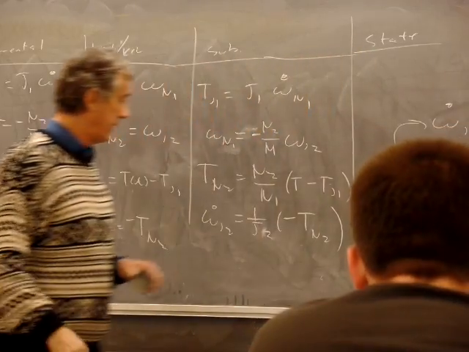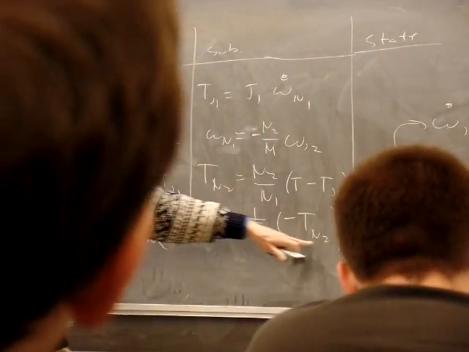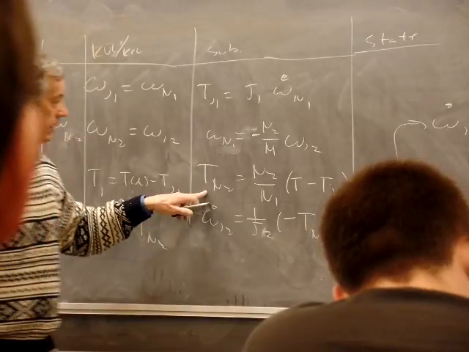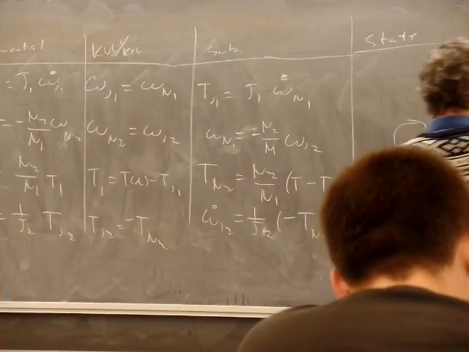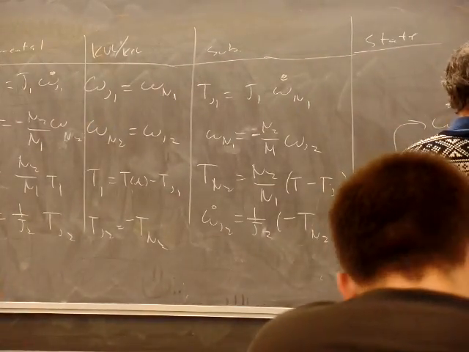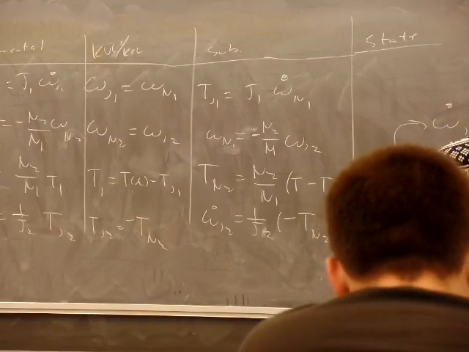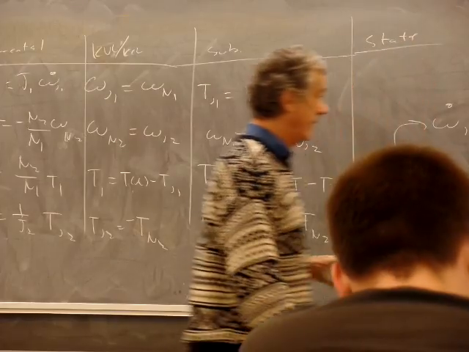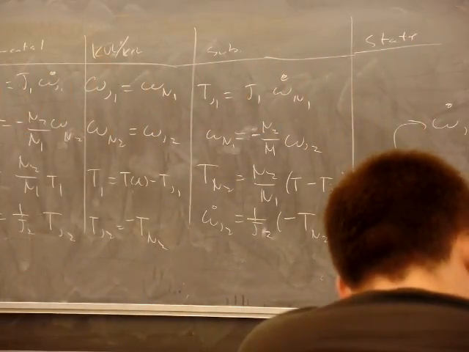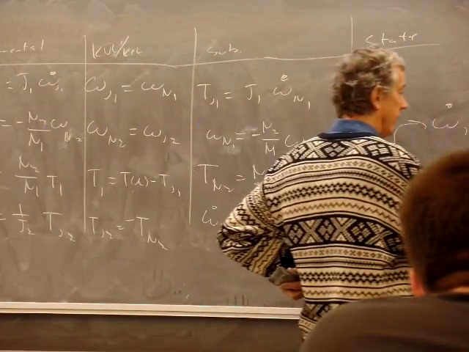So now we have to see, well, T of N2 is minus N2 over N1 times T1. Maybe we should multiply that through.